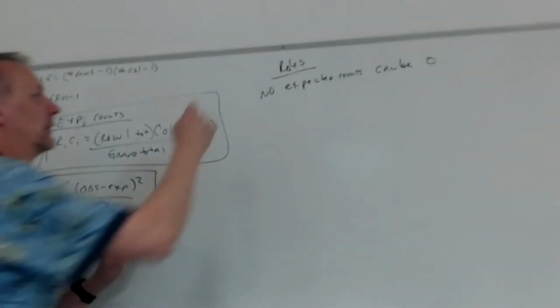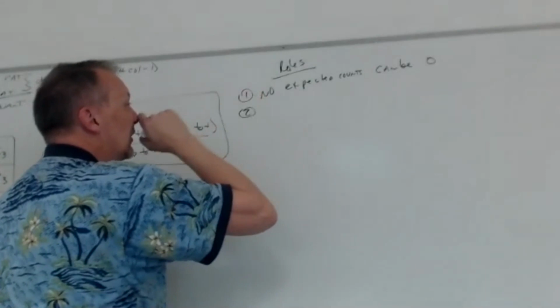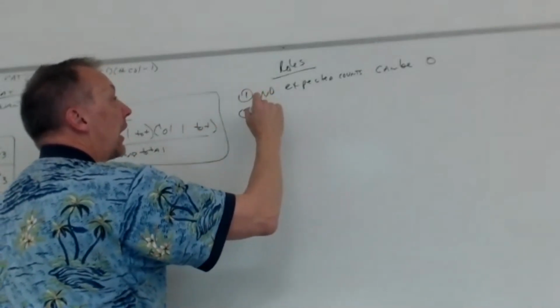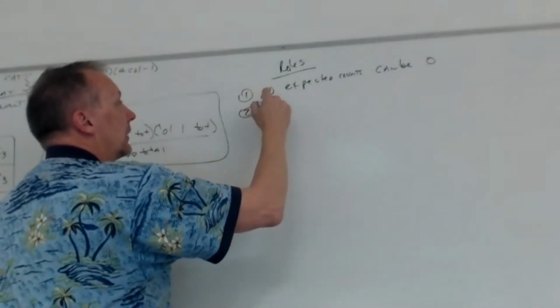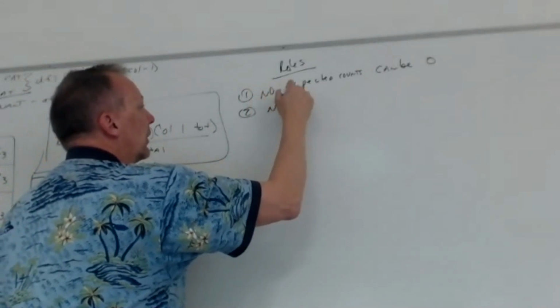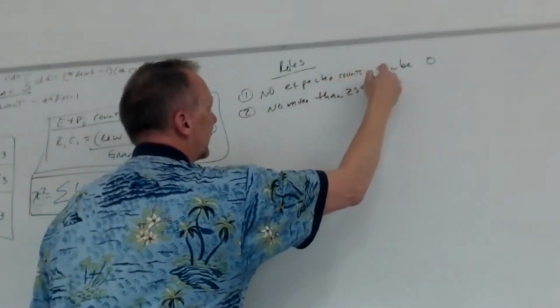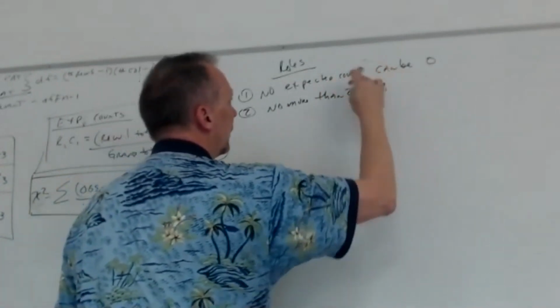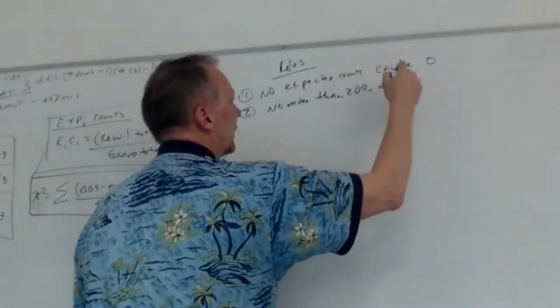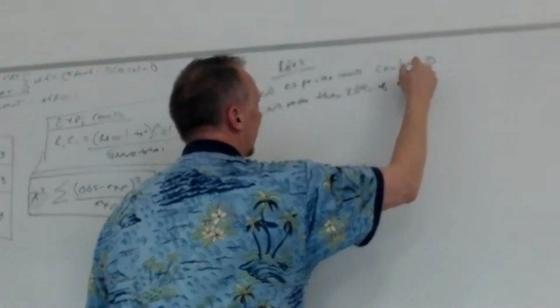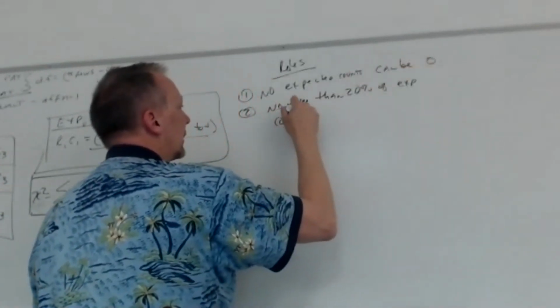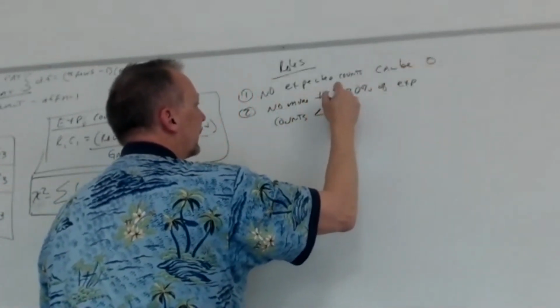Okay, that's rule number 1. Number 2, no more than 25% of, oh no, it's 20%. 20% of expected counts can be less than 5.